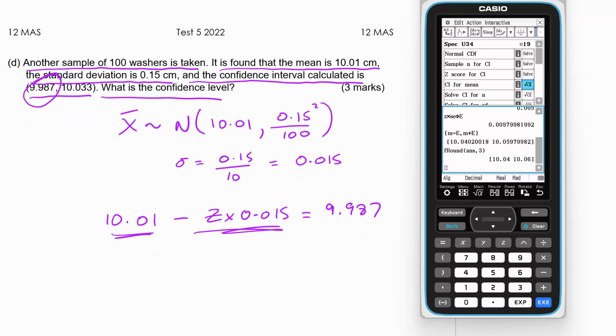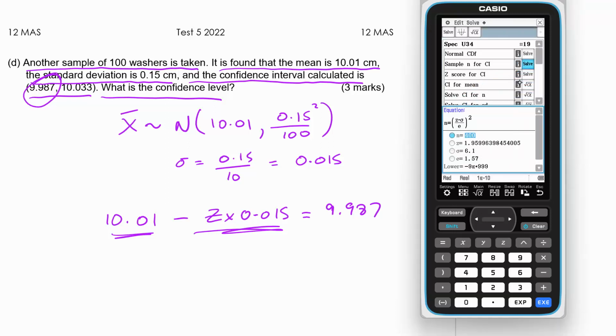However, we can just use the E-activity to do this, so you can find it from here. If we use the sample n for the confidence interval, we know the n in this case is 100. We're going to be trying to work out the Z level. The sigma is 0.15. Remember, we use an unadjusted figure there.